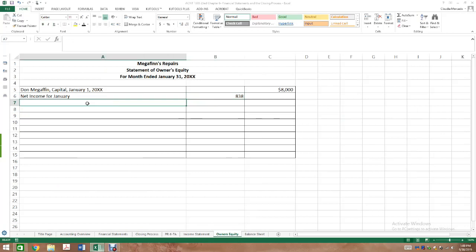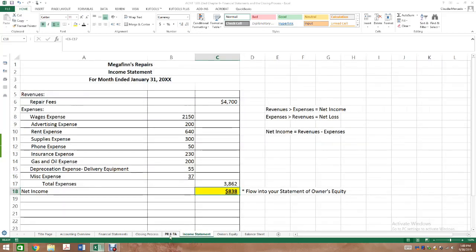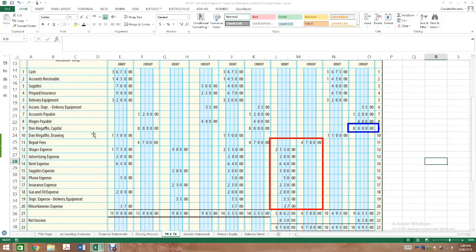Then I am going to deduct any withdrawals that I had. This is any money that any of the business owners pulled out from the business. So I'm going to go back to my problem and see if I had any withdrawals. And yes, we did. Don Megafin withdrew $1,100.